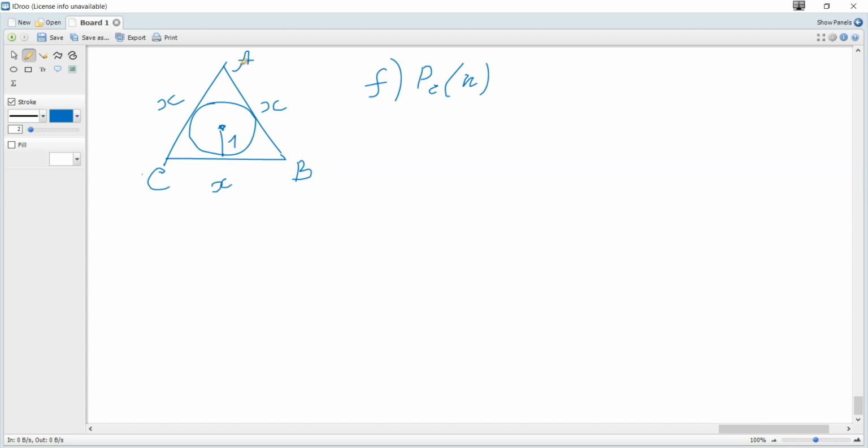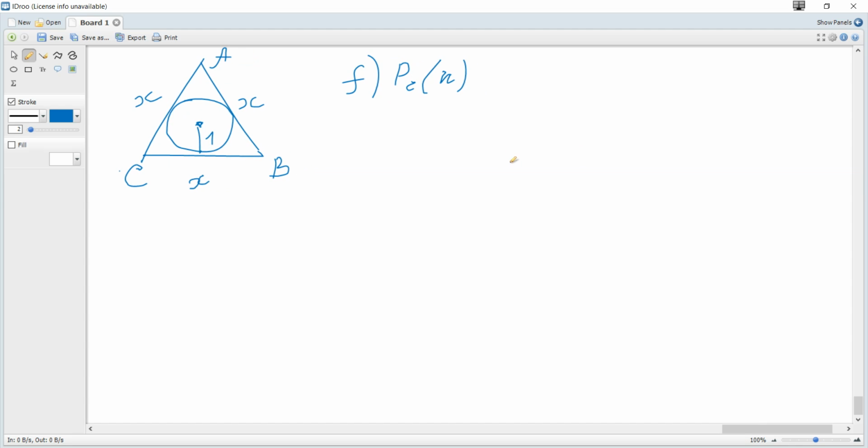So we don't need to consider the triangle only, we need to consider it in general, and in general it looks like this: a circle inside and a polygon circumscribed, and again we can consider one such triangle, and notice that the radius is here, which is 1.